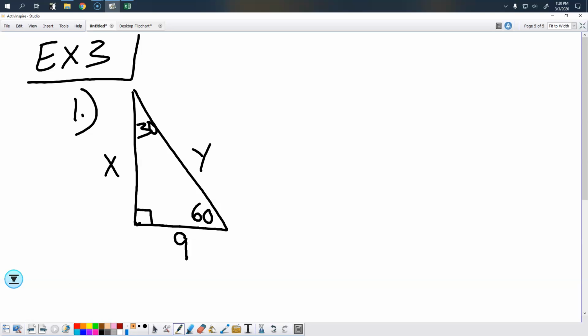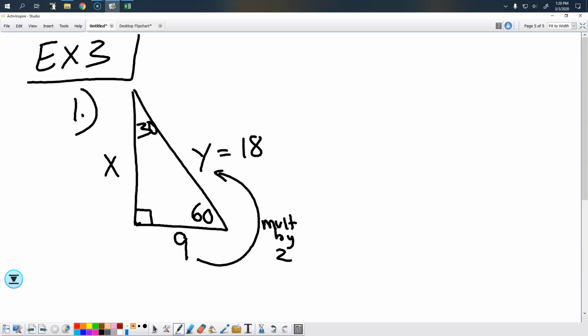Austin Longmire, did they give me the short leg, the long leg, or the hypotenuse? Excellent. All right. Ricardo, if I have the short leg, what do I have to do to find the hypotenuse? Multiply it by 2, which means that it would be 18.